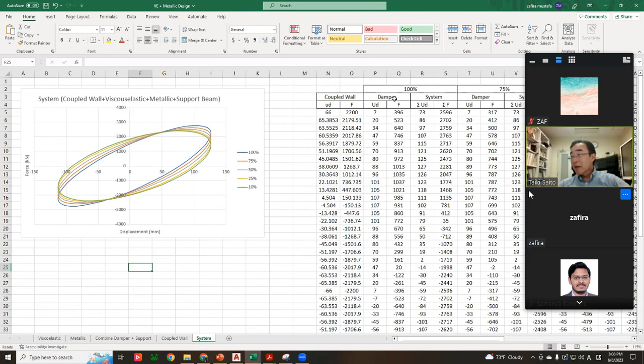What do you mean combine? Damper and system. When we combine damper and the couple wall, the stiffness increases, right, Sensei? Sorry, I don't understand. How can you combine?